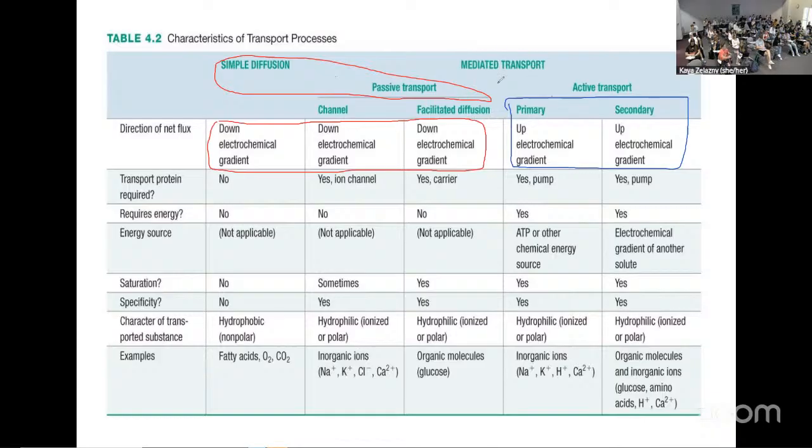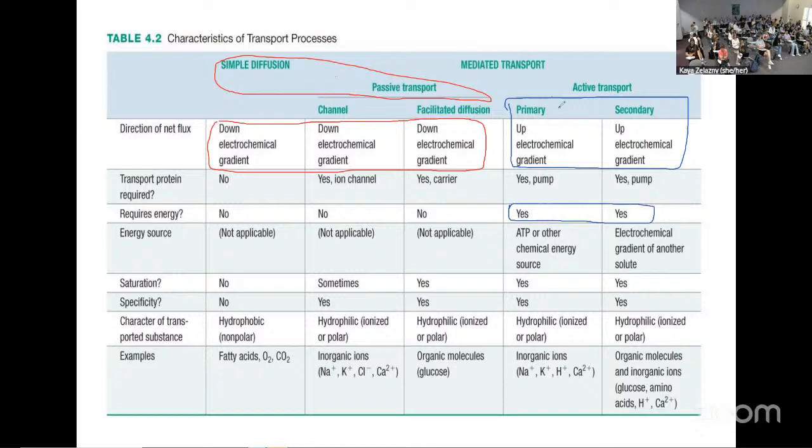You don't need to use that term, but we have 4 types of transport that do require some type of protein. Okay? So we've got ion channels and carriers when we're thinking about the passive transport. We've got pumps when we're thinking about active transport. Okay? We can see that all our types of active transport require energy somewhere down the line.